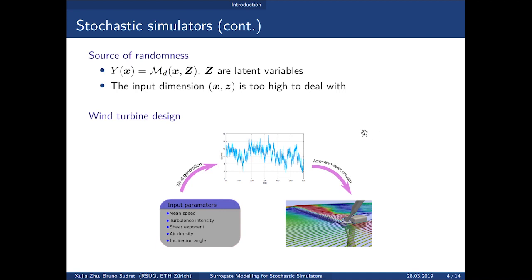A typical wind turbine simulation consists of two parts: the wind generation and the aeroservoelastic simulation, which takes the generated wind field as input and computes the structural response as output. In the generation phase, the simulator takes some macroscopic values as input, such as the mean speed, turbulence intensity, and so on and so forth.